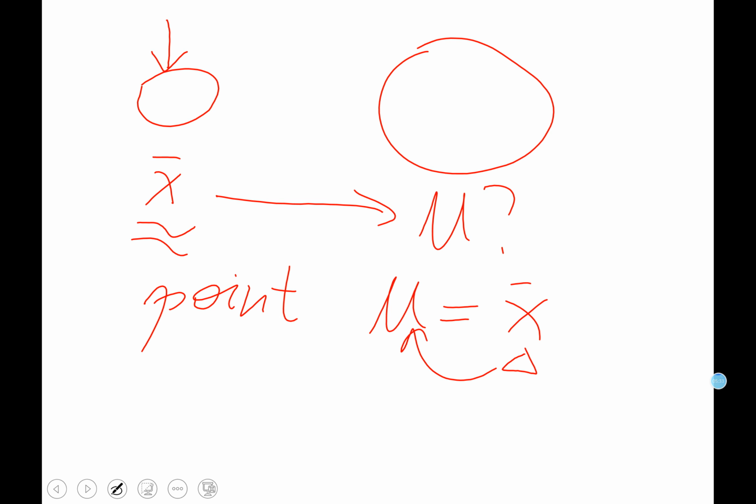So the numbers in the sample are different from the numbers in the population. So these two numbers, x bar and mu, they must be different. So the method of point estimation is not very correct.